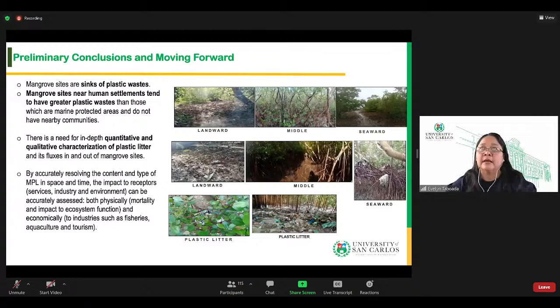The other one is that we encourage them to collect their waste in a certain center and then segregate it. So they have what we call the materials recovery facility, MRF.